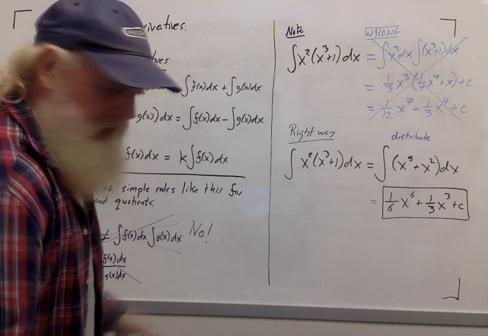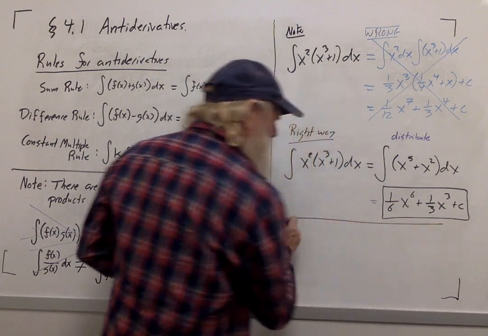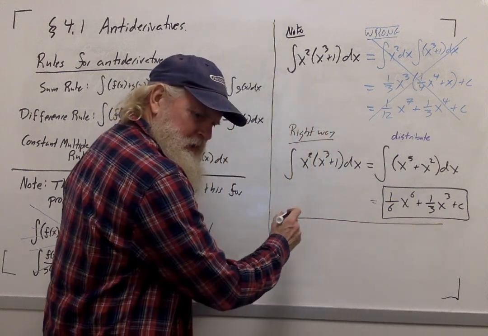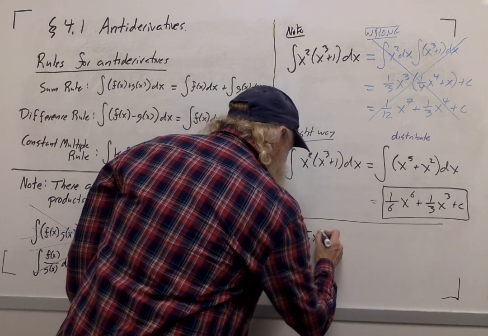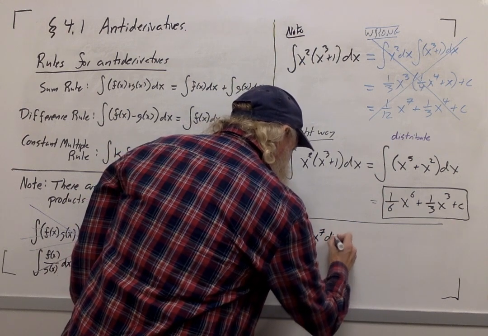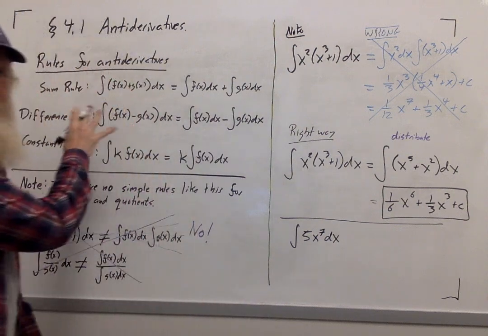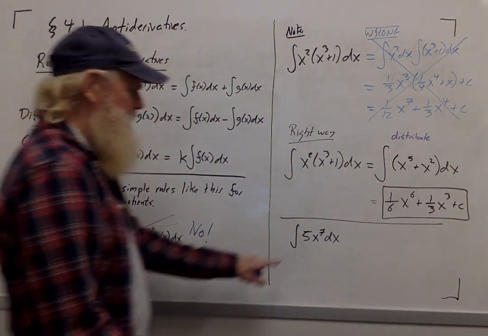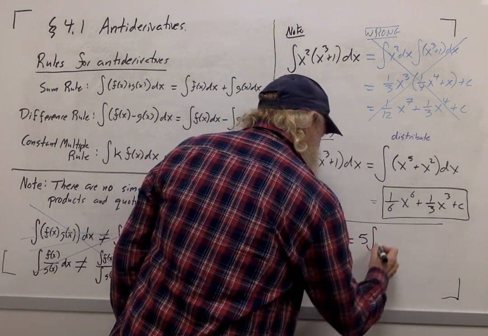So for a couple more examples, I'll put one in down here. If we have the antiderivative of 5x to the 7th, if we wanted to do this carefully, step by step, using the rules over here on the left, we would use the constant multiple rule to factor the 5 out.